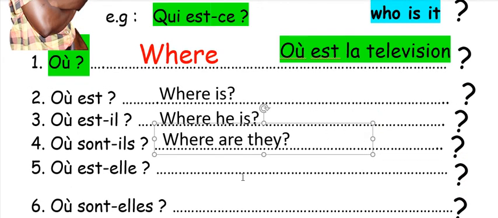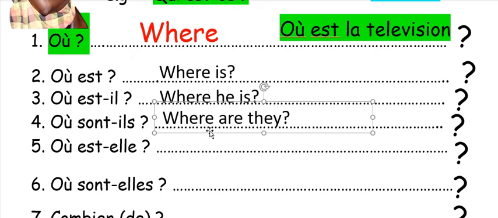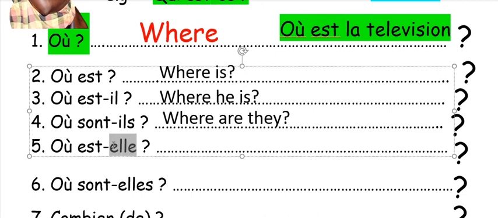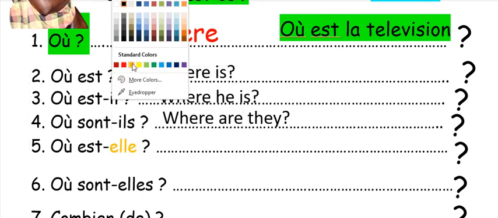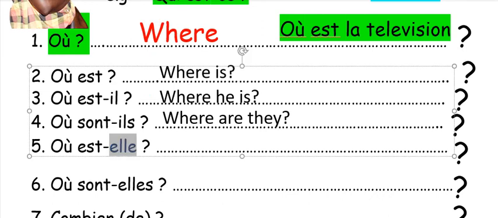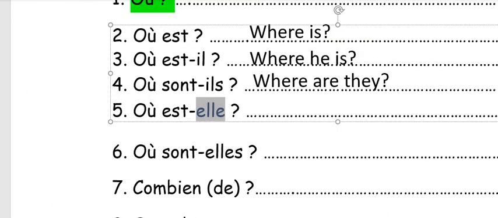On continue. "Où est-elle?" Now, les élèves, you must understand one thing. In French, we have "il" and "elle." When you see "elle," you must know that this is feminine. "Où est-il?"